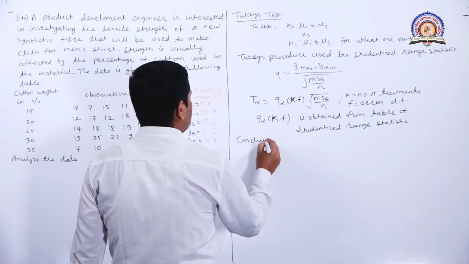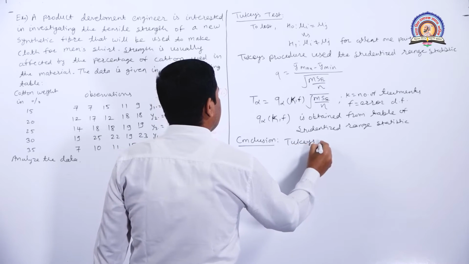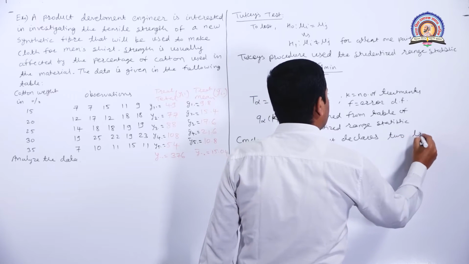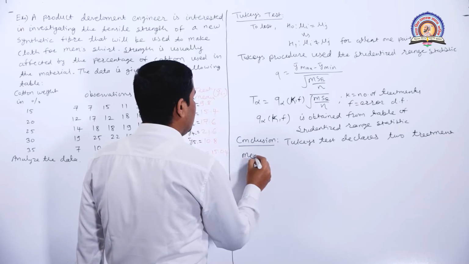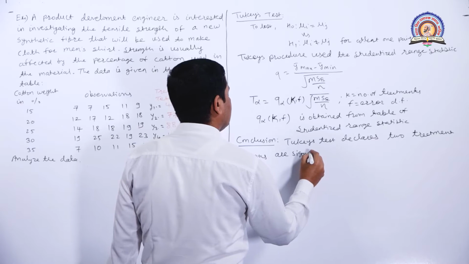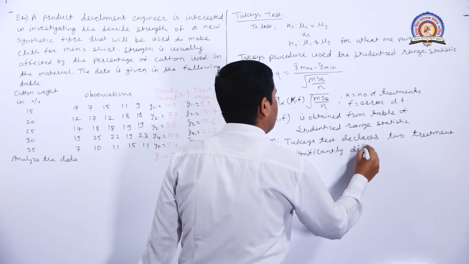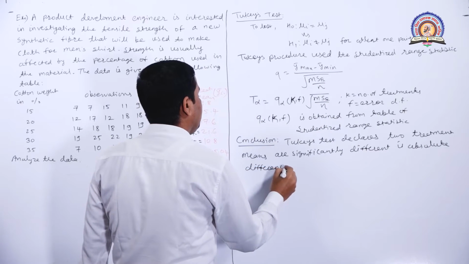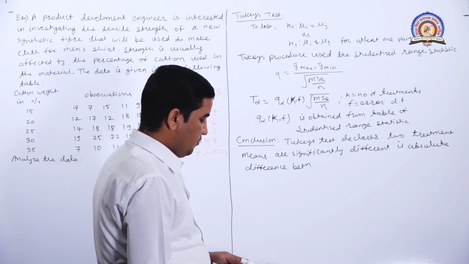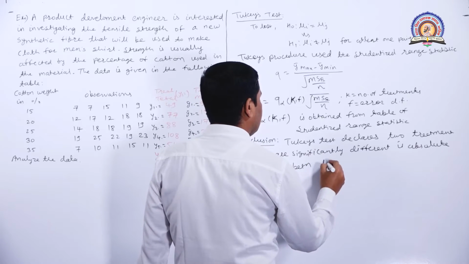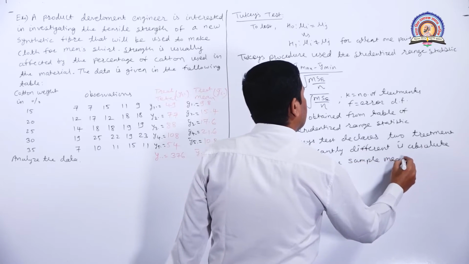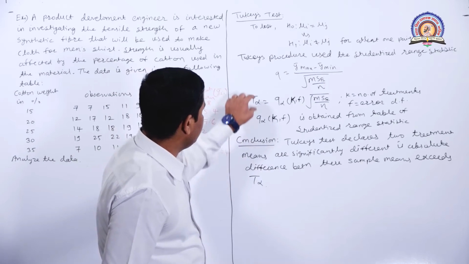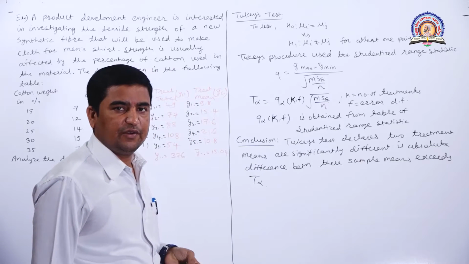Conclusion. Tukey's procedure, Tukey's test, declares two treatment means significantly different if the absolute difference between their sample means exceeds T alpha. If the absolute difference between their sample means exceeds T alpha, then we can say that their corresponding treatment means are significantly different, otherwise not.